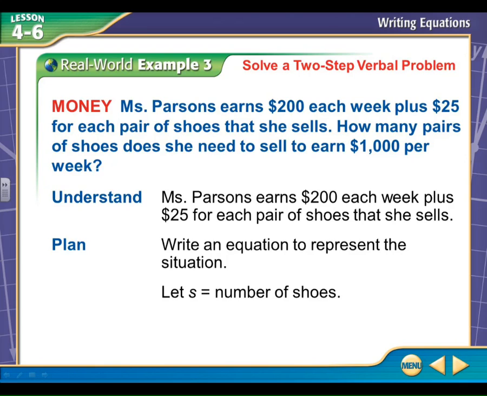So we're going to let S be the number of shoes because we don't know how many shoes she's going to sell. We want the end result to be $1,000, and she gets $200 every week no matter how many pairs of shoes she sells, but she gets an extra $25 for every pair of shoes she sells.